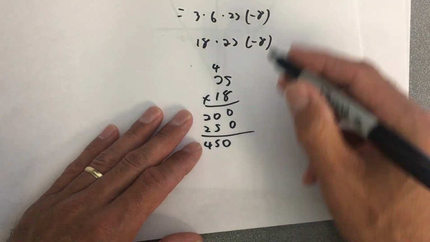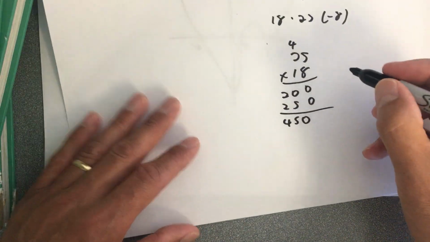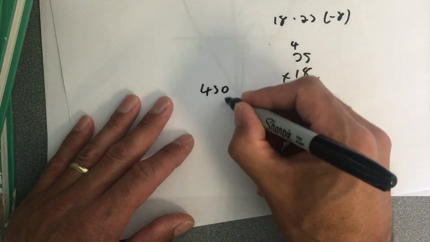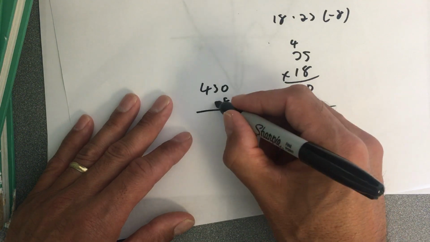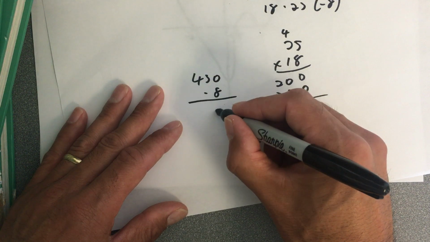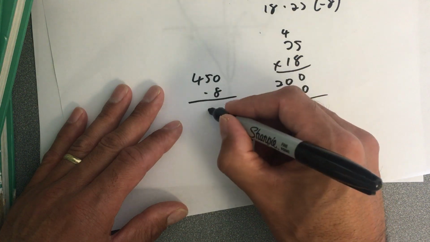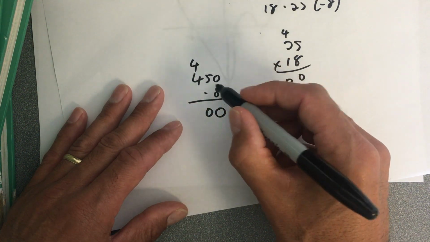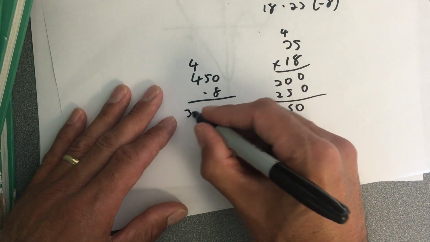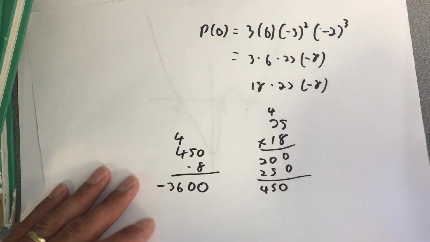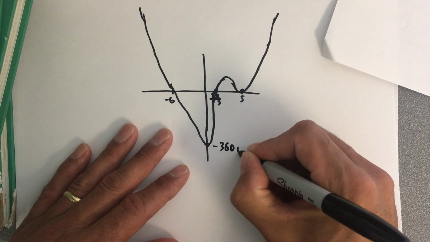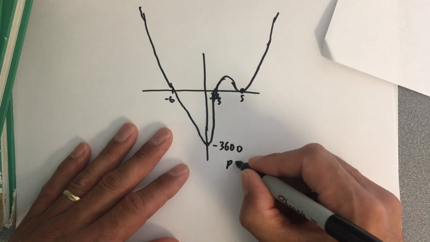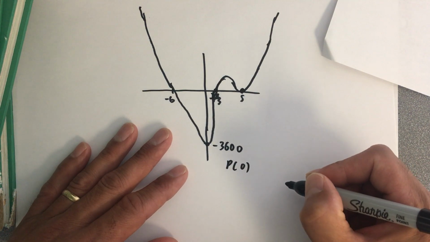So that's 450, and I've got 450 times negative 8. Okay, so our intercept is at negative 3600, because that is the value of our polynomial when x is equal to 0.